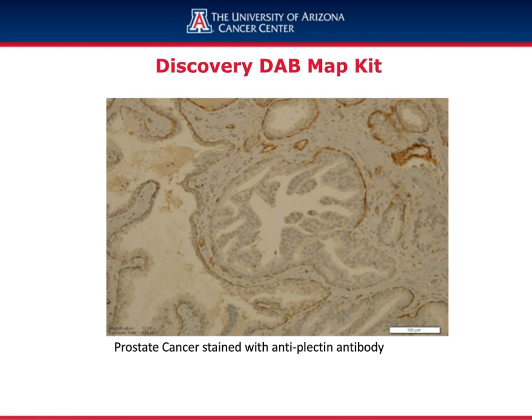Since this is a low-expressing protein, this is a good example of why I have to use Ultramap Kit, because the DAB does not bring out the plectin in prostates or some of the other tissues that I have used.